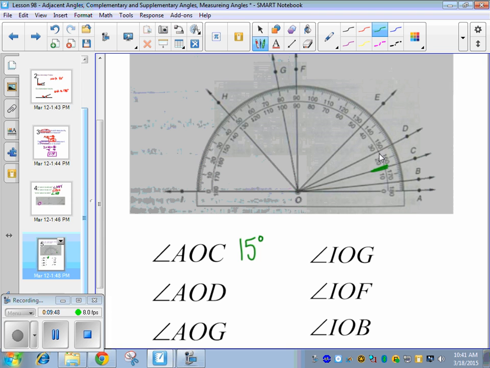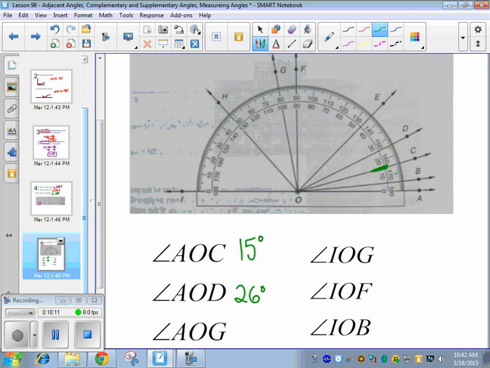It's an acute angle, and it's at like 25. Yeah, it's got to be between 20 and 30, right? So maybe a little more than 25, because here's like the middle, so maybe 26. Okay? We might not be exact with this protractor. It's a little hard to read.